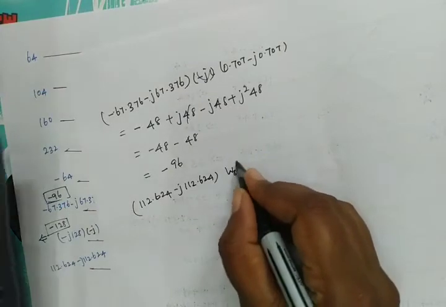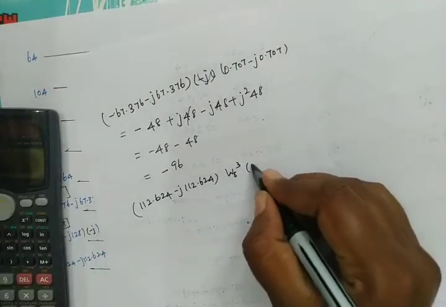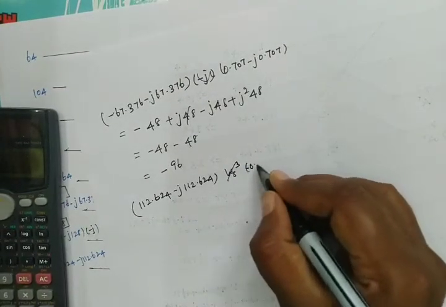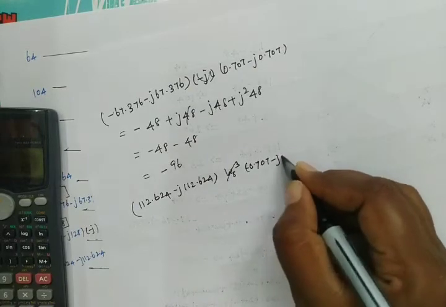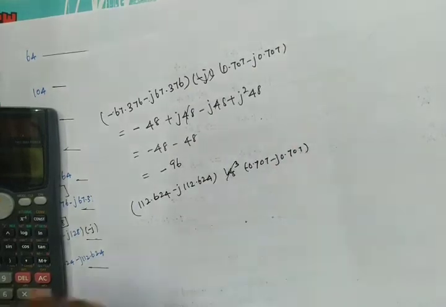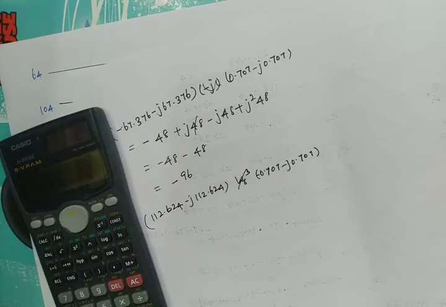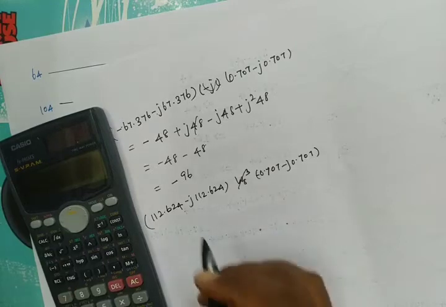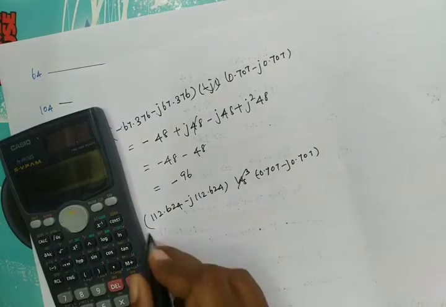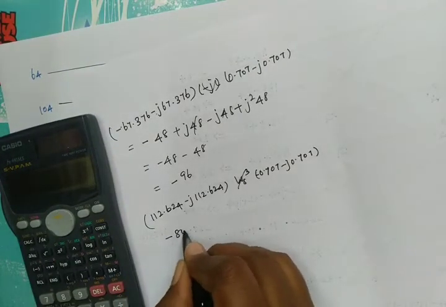What is this W8 power 3? That is minus 0.707 minus j 0.707. Now multiply this. 112.624 into 0.707 is equal to 79.6. So we can round off this to 80. Minus 80.